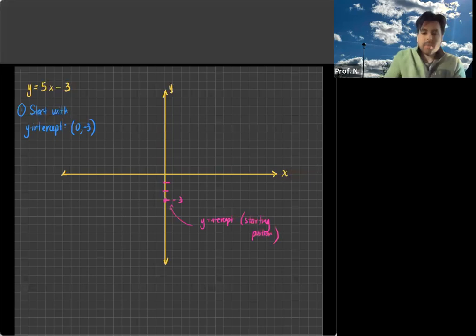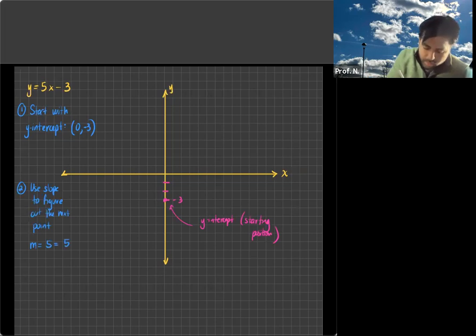And then I want to figure out what's the next point. Well, I have to use the slope to figure out the next point. My slope here is 5, and we're always going to write our slope as a fraction.